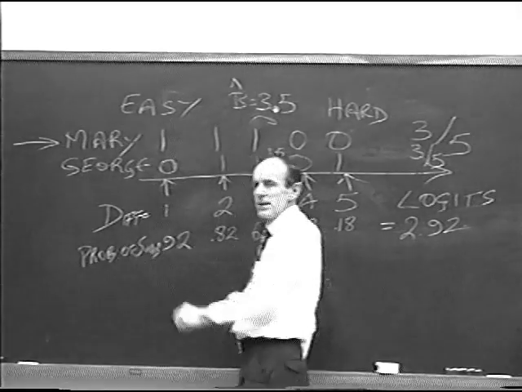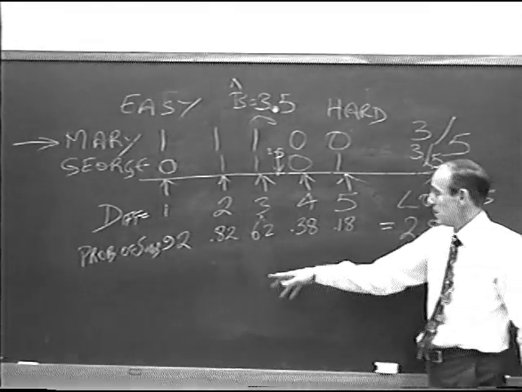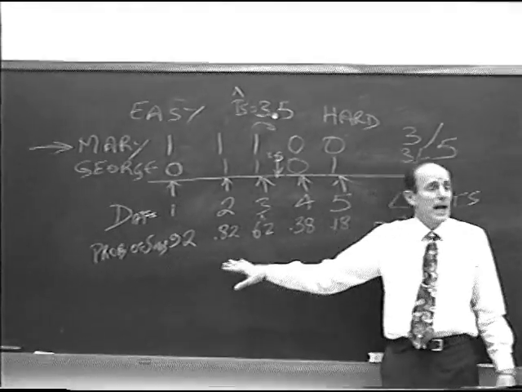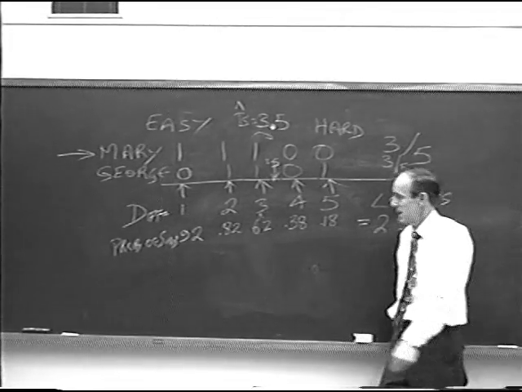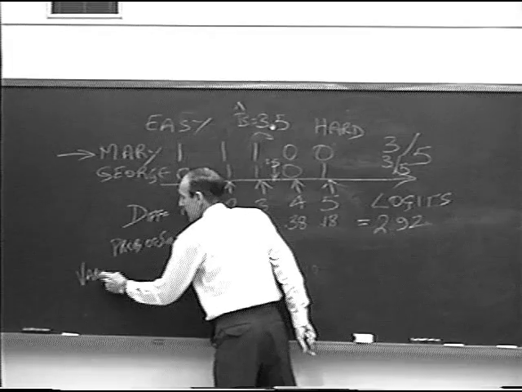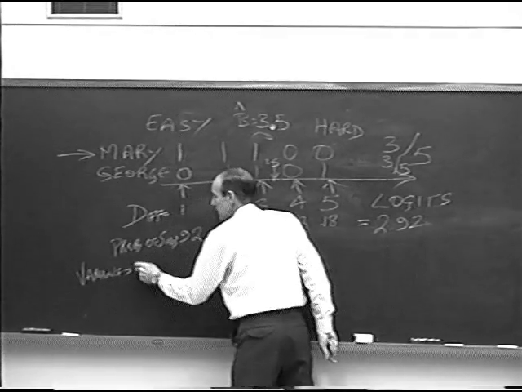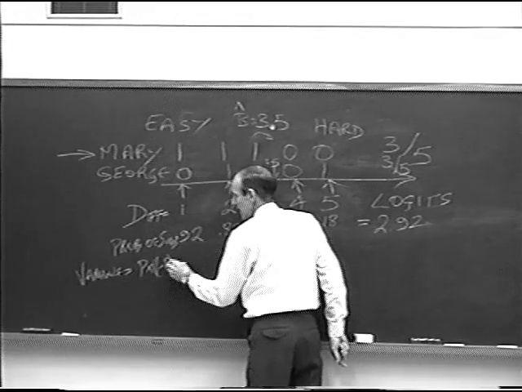And Bernoulli discovered, way back around 1700, that associated with each of these probabilities there is a variance. And the variance of a dichotomy is the probability of success times the probability of failure.